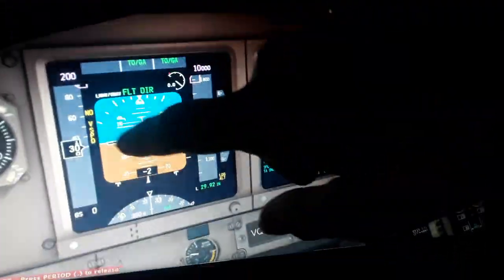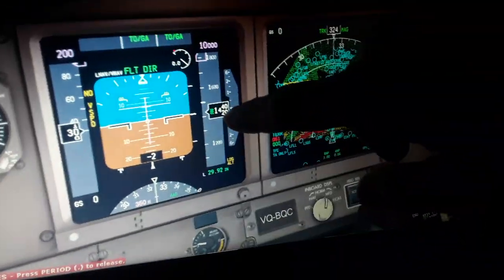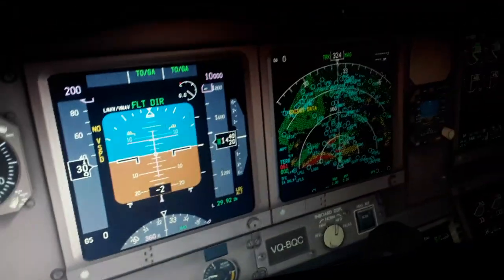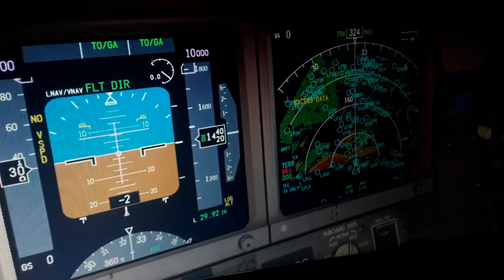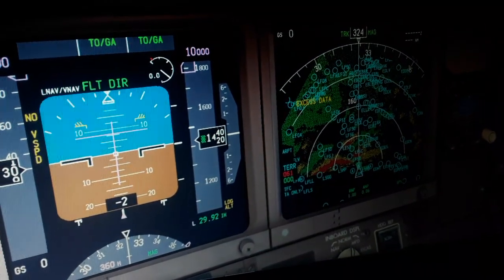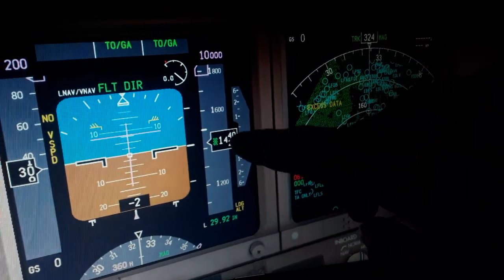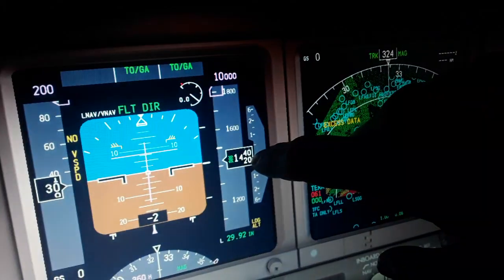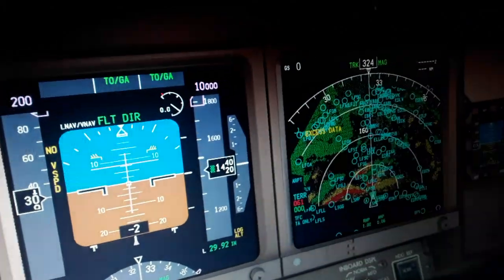Here you can see the FPV indicated, the ground speed which is 0, the target airspeed selected from the autopilot and flight director system panel. Also we have the barometric altitude above sea level. We have the rate of climb and descent of the aircraft.